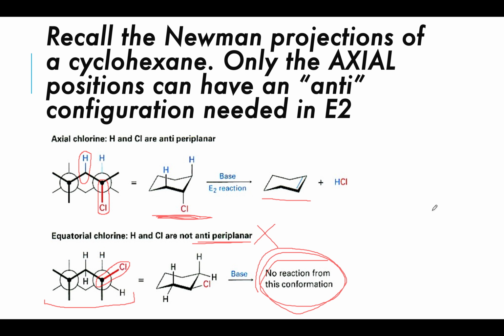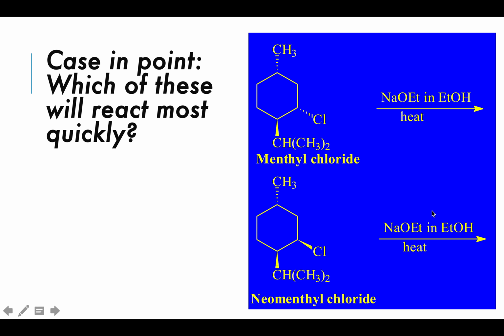Okay, with that, let's try to solve this problem. Which of these chemicals will react more easily or more quickly under E2 conditions? So you have menthyl chloride, or neomenthyl chloride.